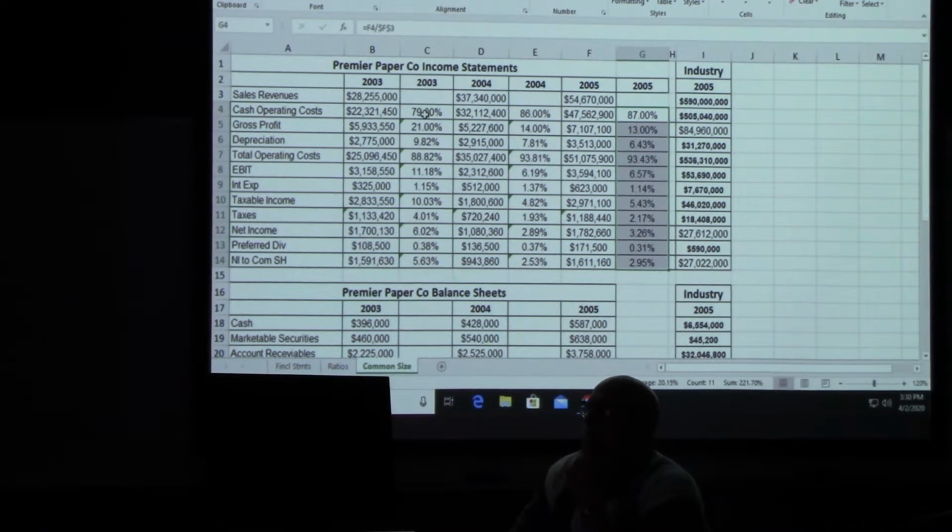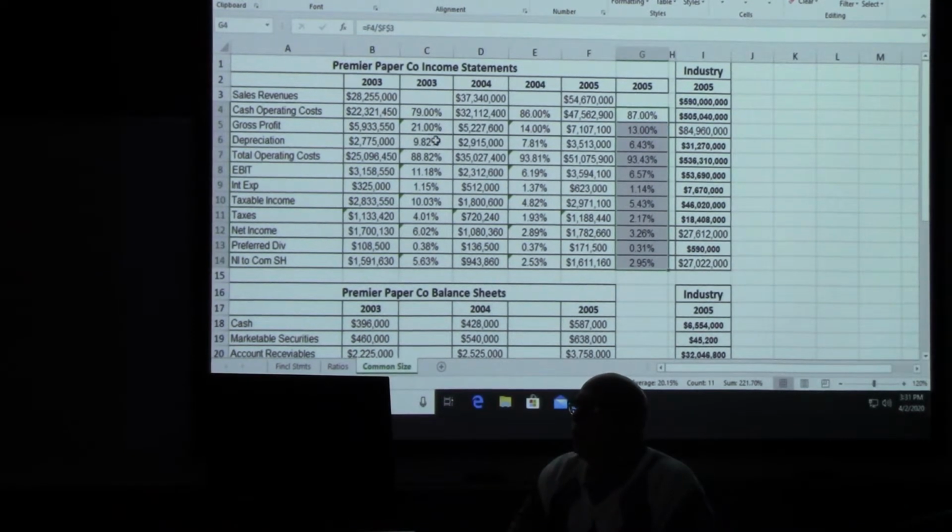So our cash operating costs are going up, okay? Jumped way up in 2004, which means our margin moved way down. Big problem in 2004. And our margin continued to move down again in 2005. Boy, that's ugly.